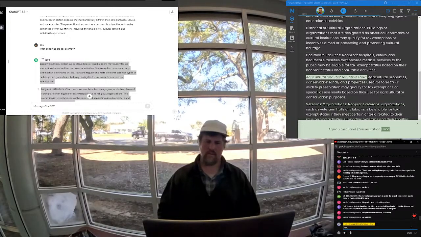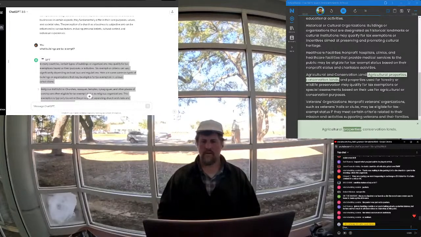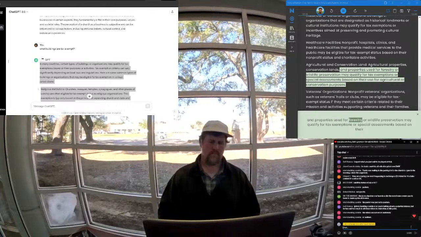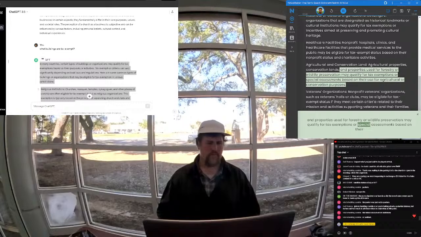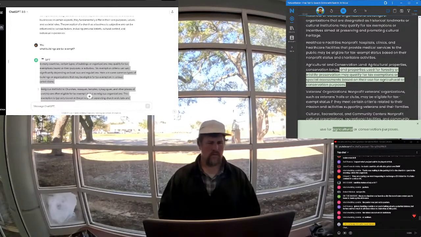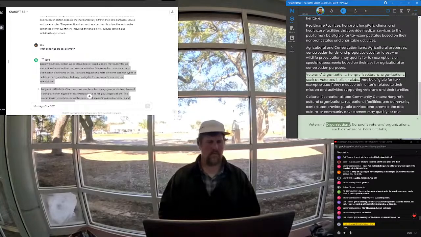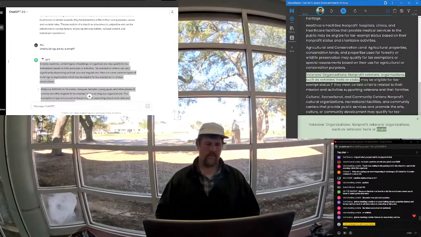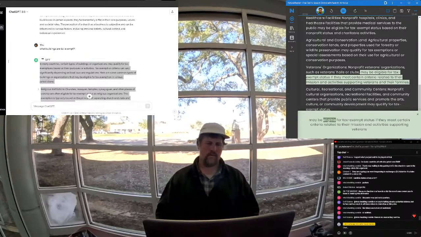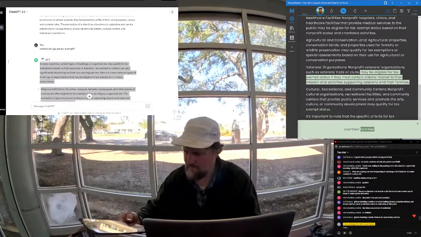Agricultural and conservation land. Agricultural properties, conservation lands, and properties used for forestry or wildlife preservation may qualify for tax exemptions or special assessments based on their use for agricultural or conservation purposes. Veterans organizations, nonprofit veterans organizations, such as veterans halls or clubs, may be eligible for tax-exempt status if they meet certain criteria related to their mission and activities supporting veterans and their families.